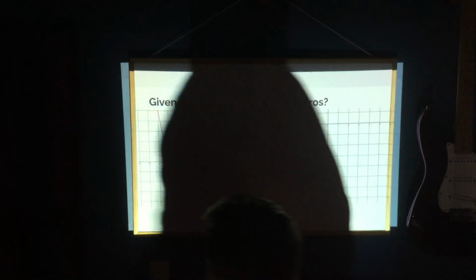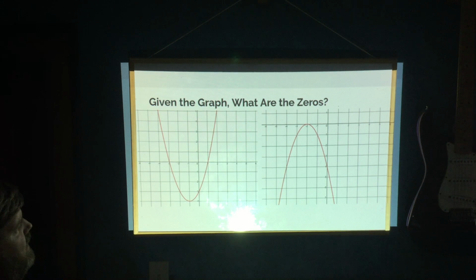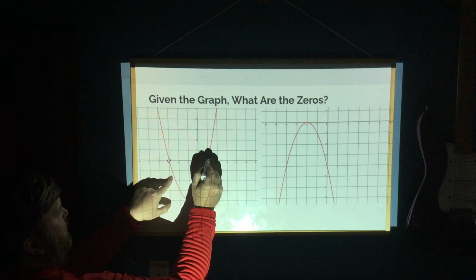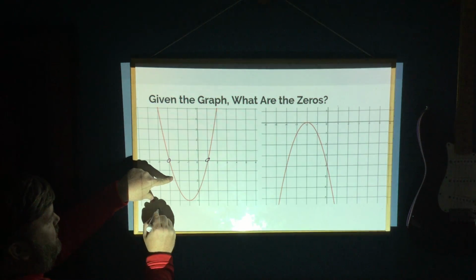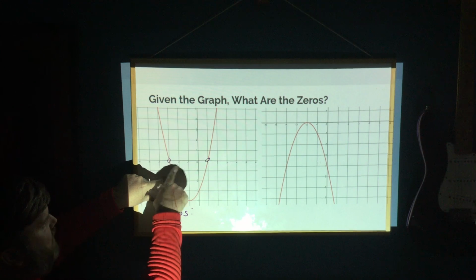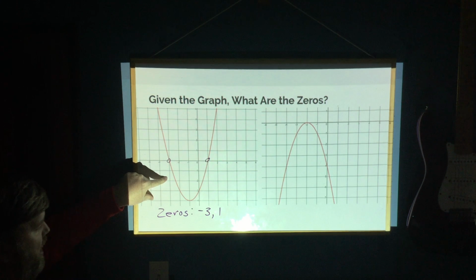So if we look at this one on the left, and hopefully you guys can see that graph, it crosses the x-axis at this point and at this point. So the zeros would be what the x values are there, which are -3 and +1.